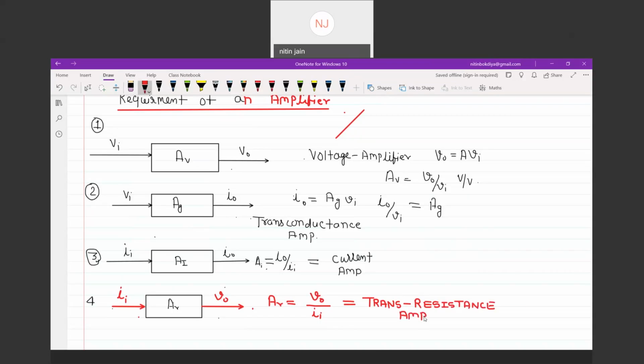So we have these 4 types of amplifier, and let's see what the requirement of resistance is for these amplifiers.